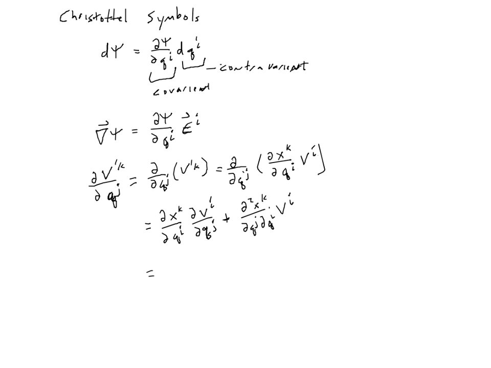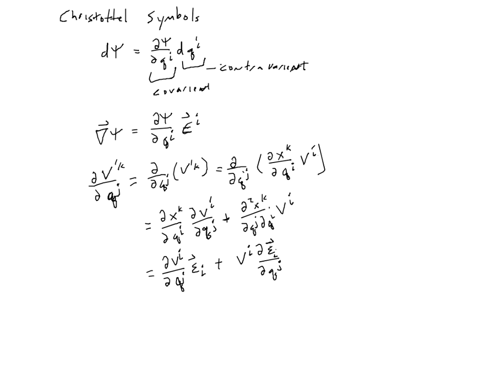All right, so this is actually equivalent to taking partial v i, partial q j of epsilon i, plus v i times the derivative of this, which is actually the derivative of epsilon i with respect to q j. Okay?